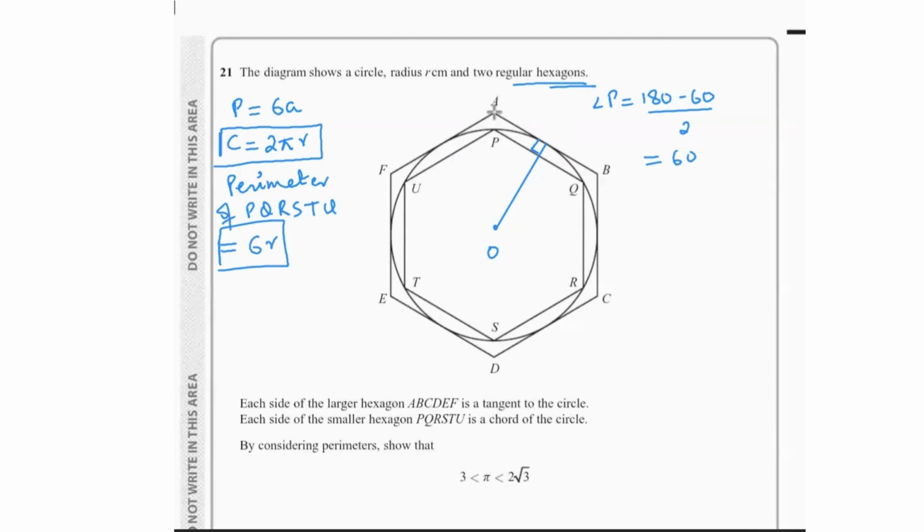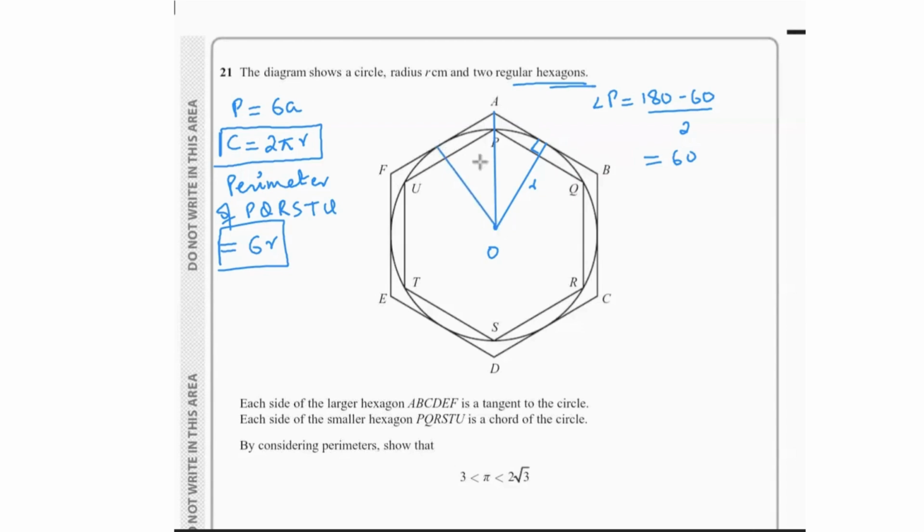If I draw a line from here to here, this is a right angle triangle. This line is going from the center towards the circumference of the circle, which means this is R. Okay. And we already said that if we divide the shape, once again, this is also a regular hexagon.